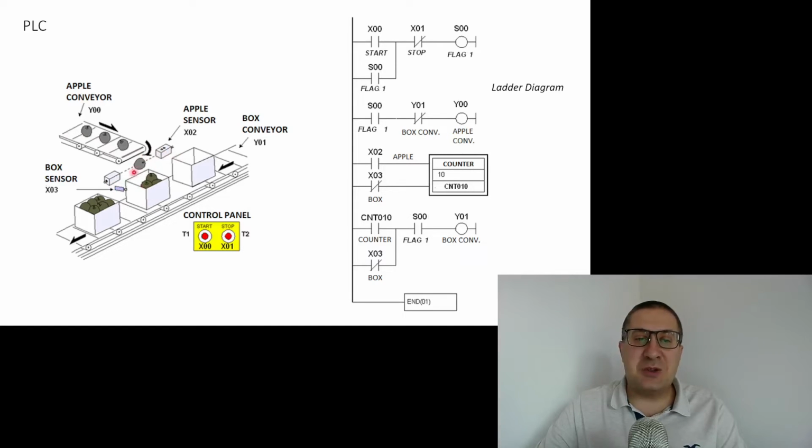If we count to, I don't know, 10, we will stop the apple conveyor and start the box conveyor, and wait till the empty box reaches the box sensor. Then we will stop the box conveyor, start the apple conveyor. The apples will come to the box, and we'll repeat it infinitely, until someone presses the stop button.